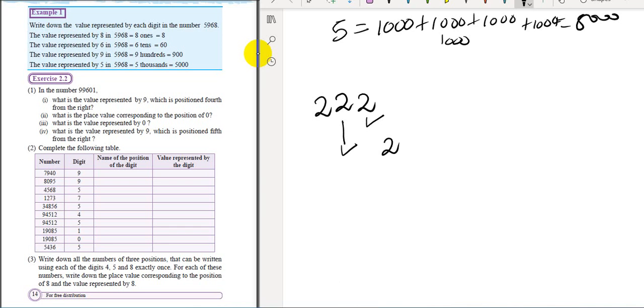The value of this 2 is 20 because it's in tens. Then what about this one? This is in hundreds, so there are two hundreds. We have to call this 200. If you change the position of the digit, the value of the digit also will change. Okay, remember that.